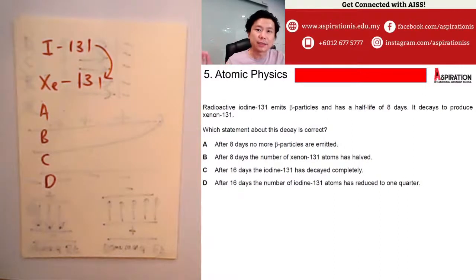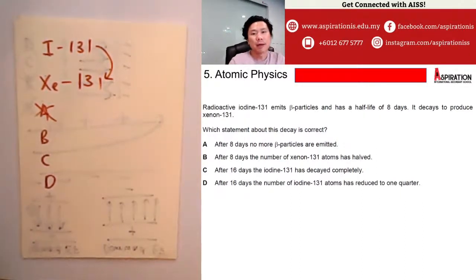Theoretically, if you keep on dividing something by 2, you will never get 0. There will still be some amount left, albeit very small. So you will still have beta particles emitted. So the fact that no more beta particles are emitted, wow, that's a very far-reaching statement. I would say that A is not the answer.